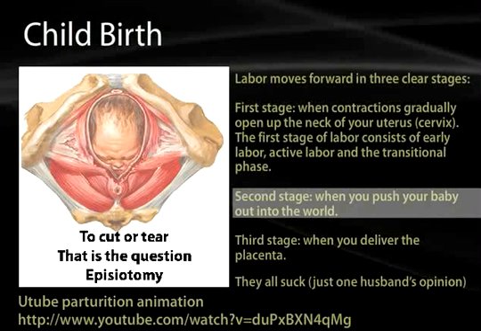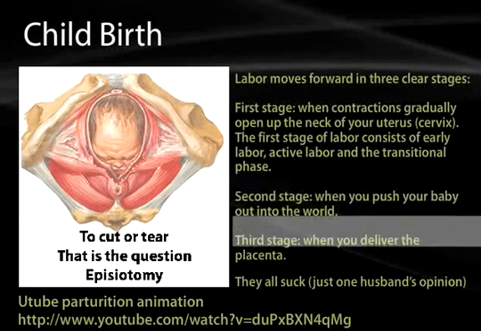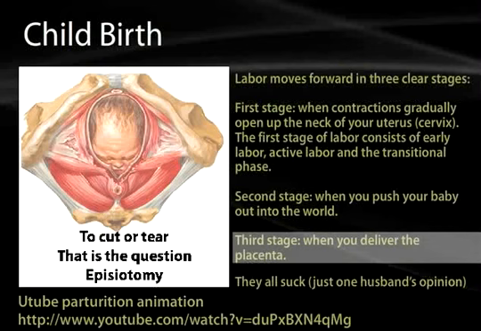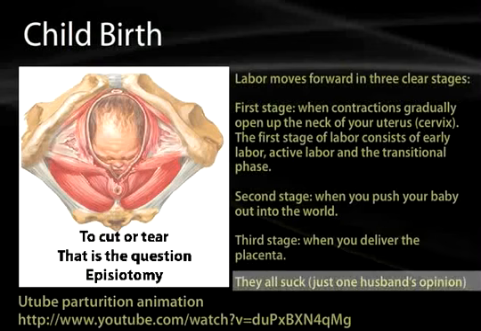Once you get into the second stage, it's when you're going to start pushing against the fetus as you try to expel it from the vaginal canal. And then the third stage is going to be the delivery of the placenta itself, or the afterbirth. And in my opinion, they're all pretty terrible, but that's of course just one husband's opinion.